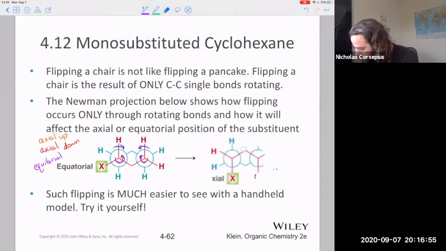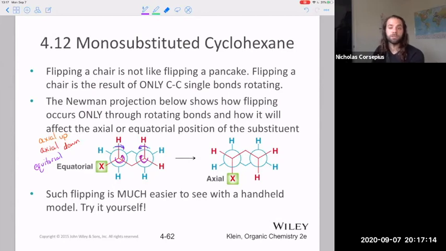And again, most importantly, we're going to see that everything that was axial becomes equatorial, and everything that was equatorial becomes axial. So this is showing that chair flip, instead of being in that chair conformation that we spent a lot of time drawing. This is showing the same thing in these Newman projections.